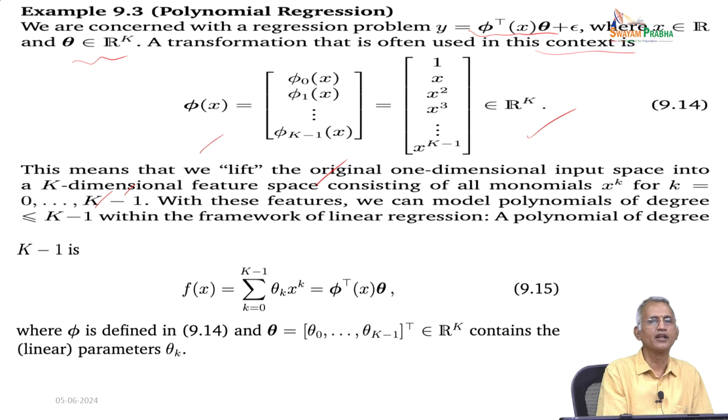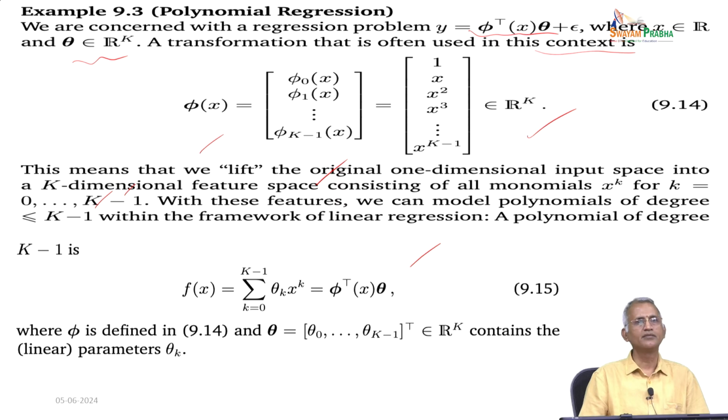The polynomial of degree k minus 1 is f of x equal to summation k equal to 0 to k minus 1 theta k into x power k, equal to phi transpose of x into theta, where phi is defined as in the equation 9.14 and theta is theta 0 to theta k minus 1 transpose, which belongs to R power k and contains the parameter theta k.